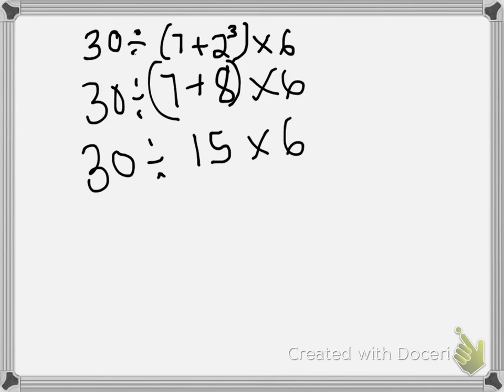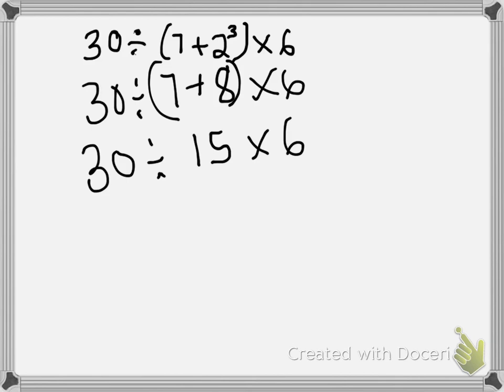All right, now I finished those parentheses, and now I already did the exponents because they were inside of the parentheses, so I had to do that. I don't have any other exponents at all. So now I'm going to do multiplication and division, and for this you go ahead and do them left to right. So in this case, I'm doing the division first.